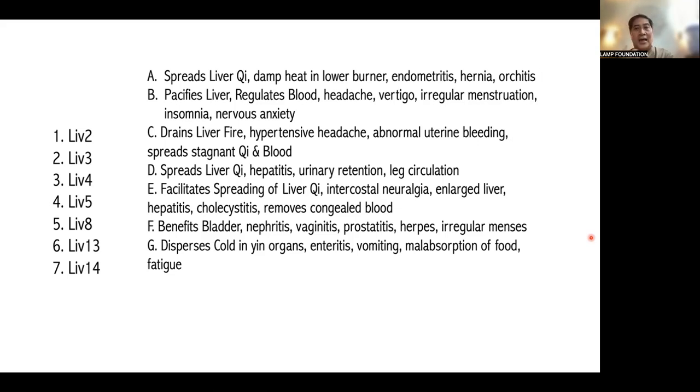Okay, what is the classification of liver 5? Bakit siya maganda for spreading the liver chi? Liver 5, Doc, is luo connecting point. Yeah, okay. So ibig sabihin, nai-impact niya yung gallbladder, yung yang component.